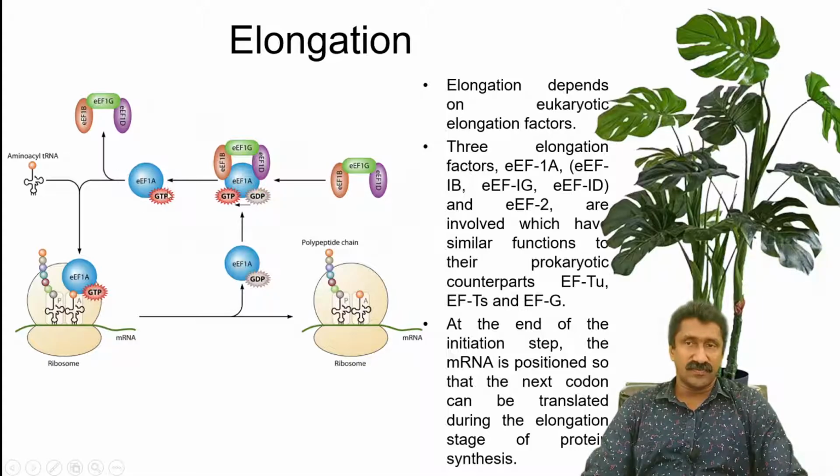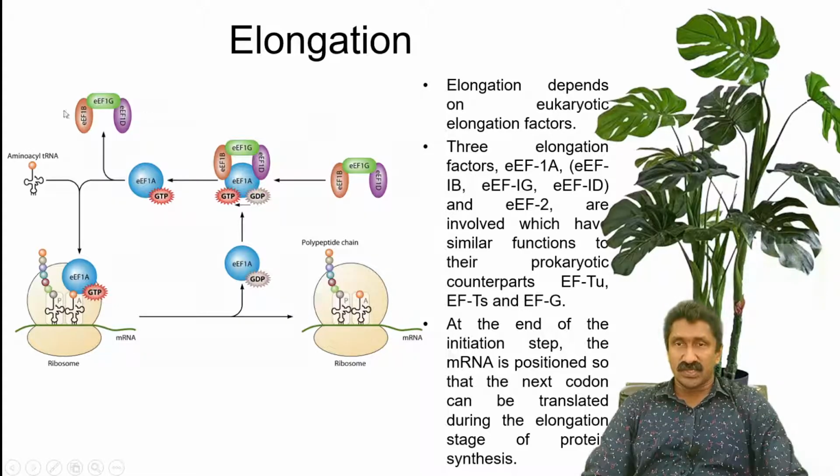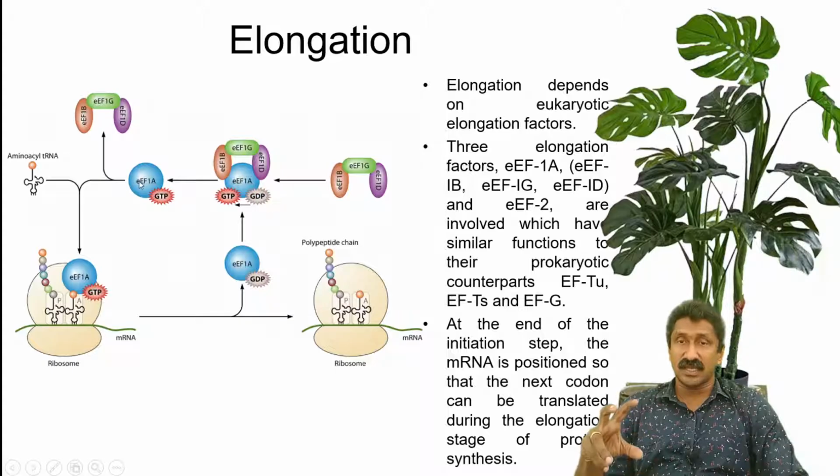So this EF1A GTP complex is a counterpart of the EFTU GTP complex in prokaryotes, because this TU equivalent complex is used for charging the elongation factor 1A with GTP.